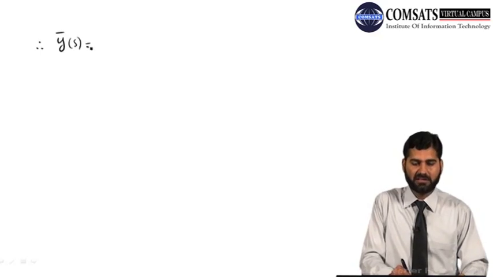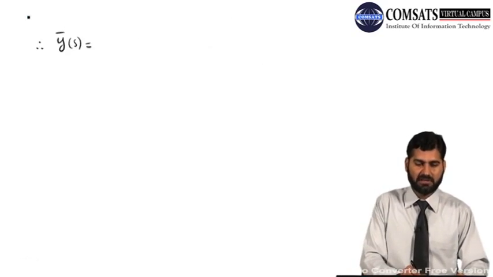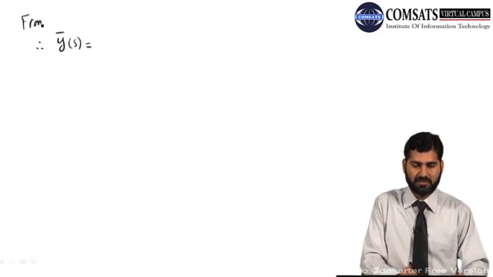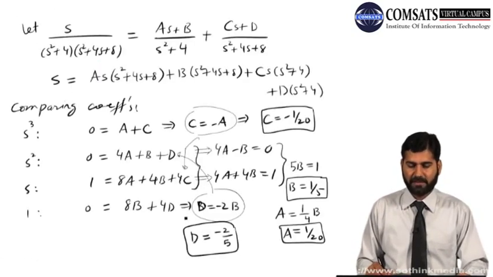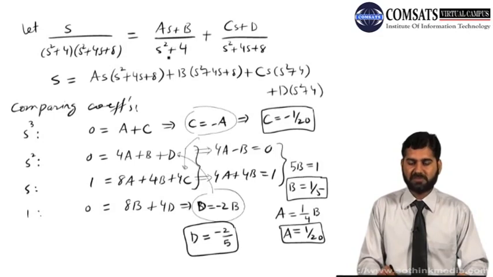Therefore, from star, Y bar of s is equal to the first expression, as plus b, where a is 1 by 20 and b is 1 by 5.